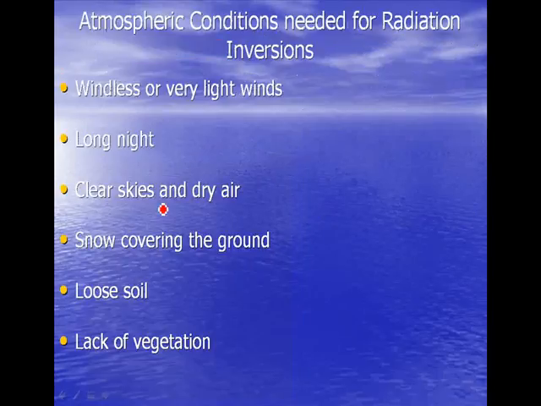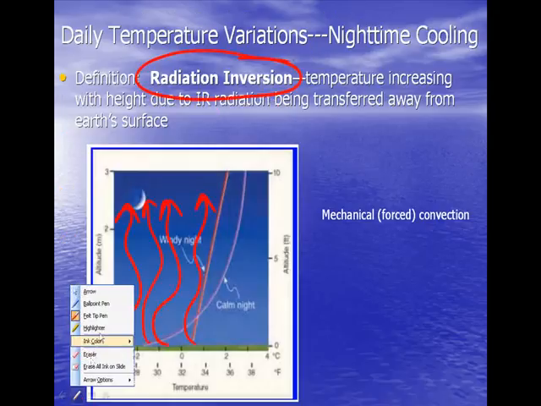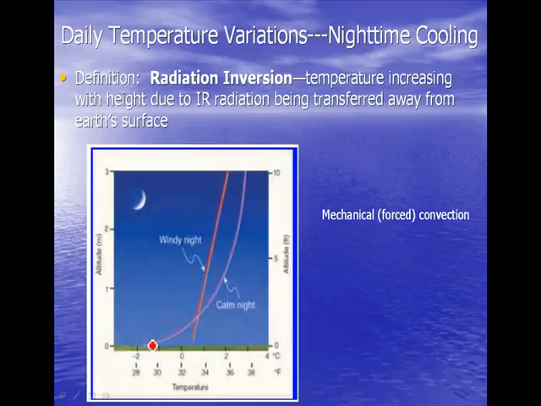So what are some atmospheric conditions needed for radiation inversions? Well, we've already identified this: windless nights, or very light winds, because we don't want to promote mixing. In other words, warmer air from above being brought down to the surface and some of the cooler air from the surface brought above. If you want a strong radiation inversion, which is what this temperature profile looks like, a strong increase of temperature with height.